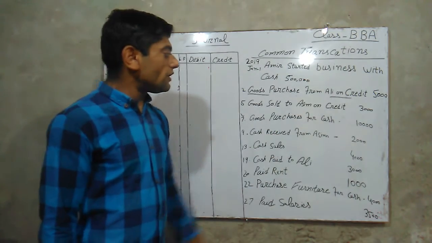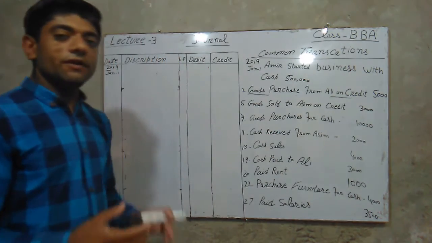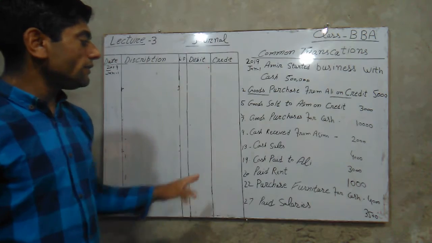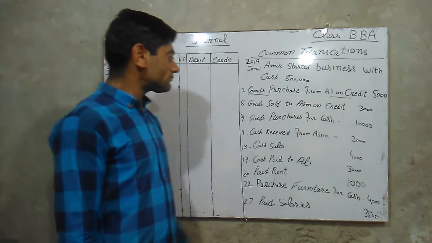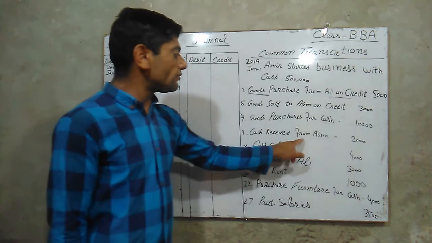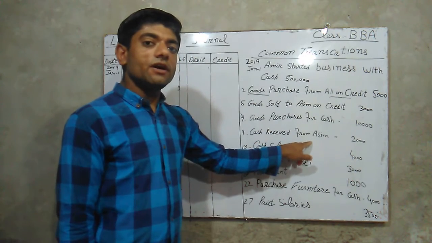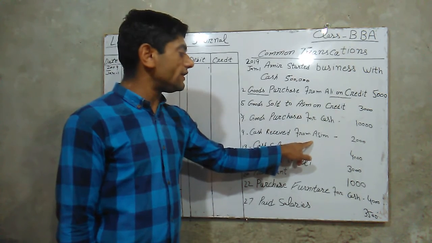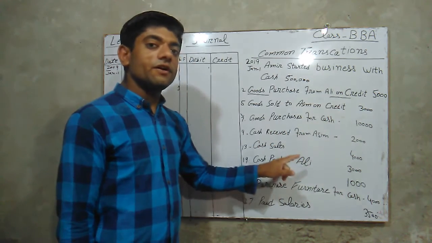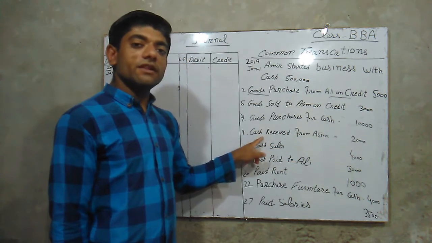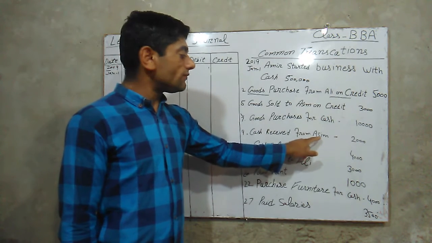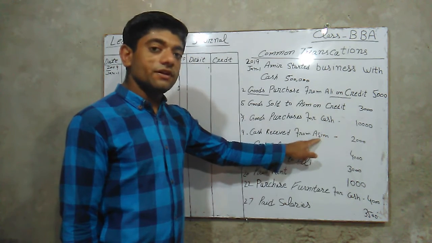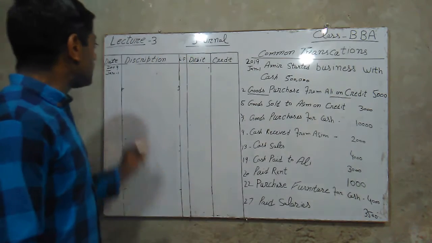Cash received from Asim. When we receive cash from Asim, one asset increases and the other asset decreases. Because when we sell goods to Asim, we record Asim debit and sale credit. Now we receive cash from Asim. Cash is our asset, it increases, so it's debit. Asim was our asset, now it decreases, so it's credit.